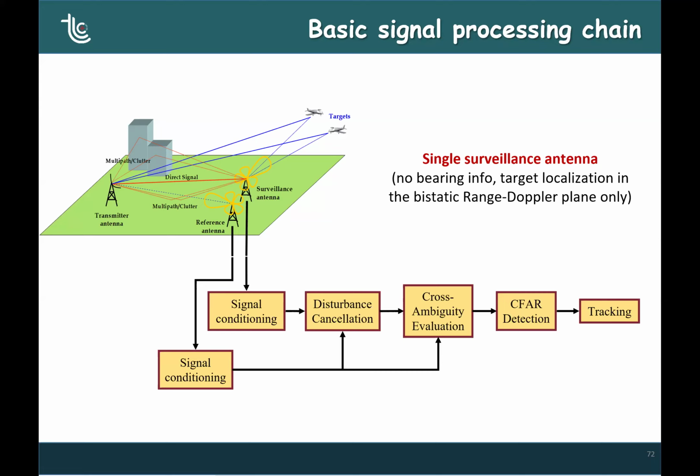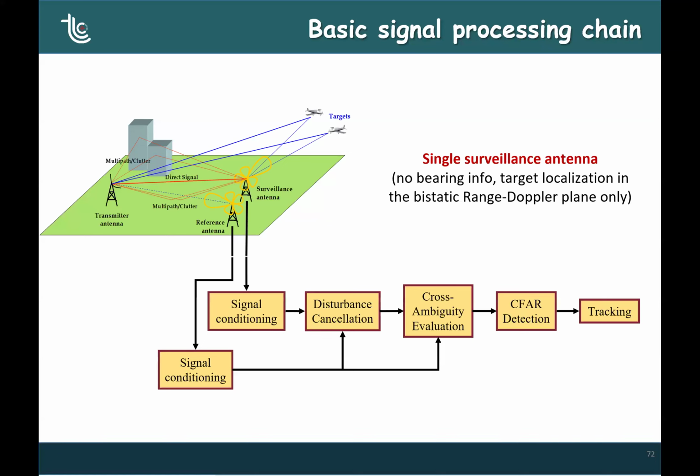Then, ideally, in the reference channel, we would like to have only the reference signal. In this case the reference channel would be clean, but actually there is also noise and possibly also clutter. So all these different terms should be considered in the detection of the targets, so in building the detectors.